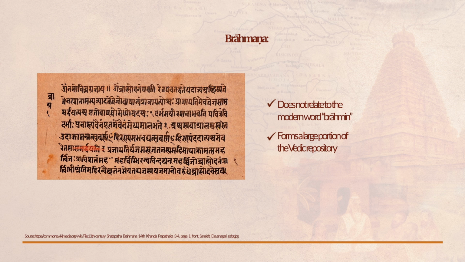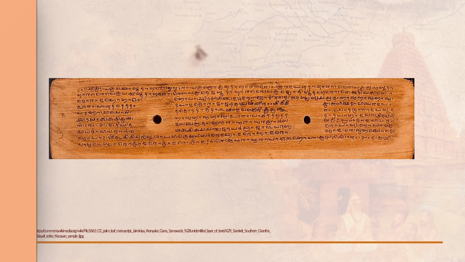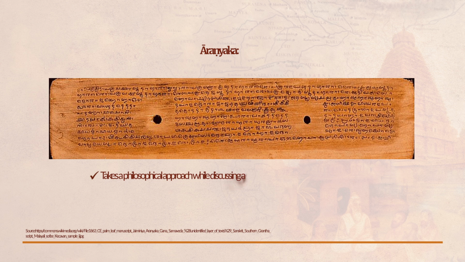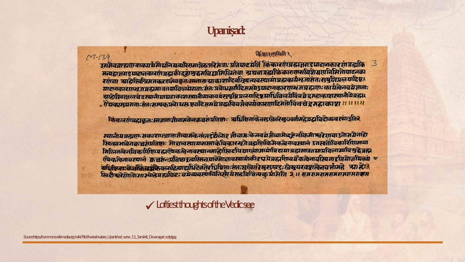I think 60 to 70% of the Vedic repository may actually be the Brahmana portion. And of course you have the Aranyaka, which takes a certain philosophical approach while discussing a yajna. And then you have Upanishad, which is the loftiest thoughts of the Vedic seers. That's how one can understand what an Upanishad is.